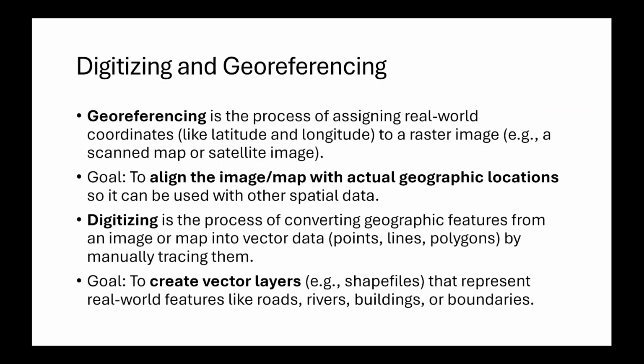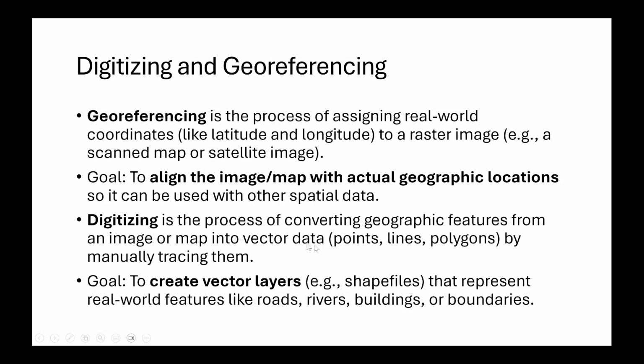Now, georeferencing is there, and now you know what is georeferencing. This is basically aligning a map with the geographic locations. There is another thing which is called digitizing. So digitizing is a process where we convert a feature from an image or map into vector data.